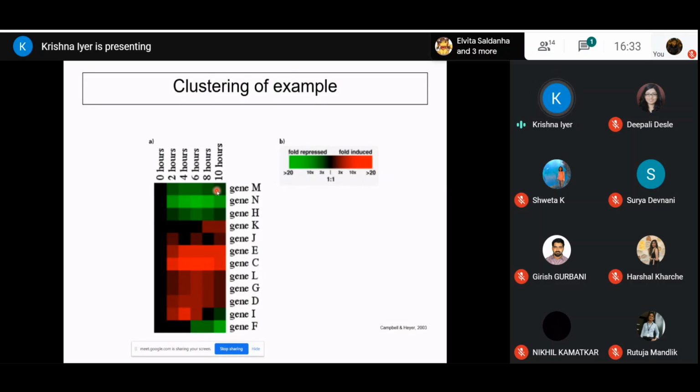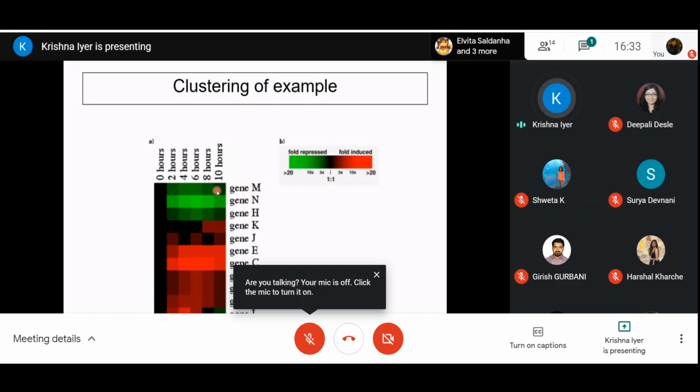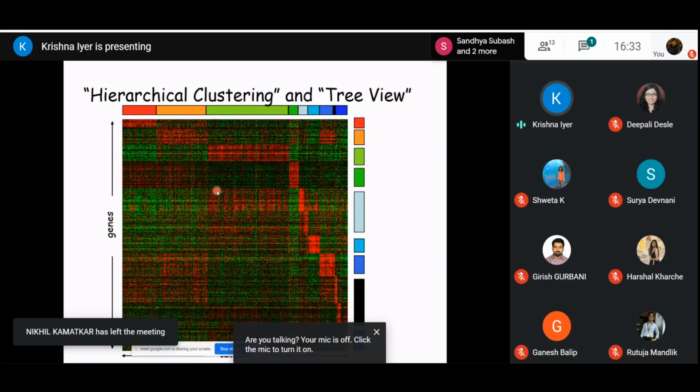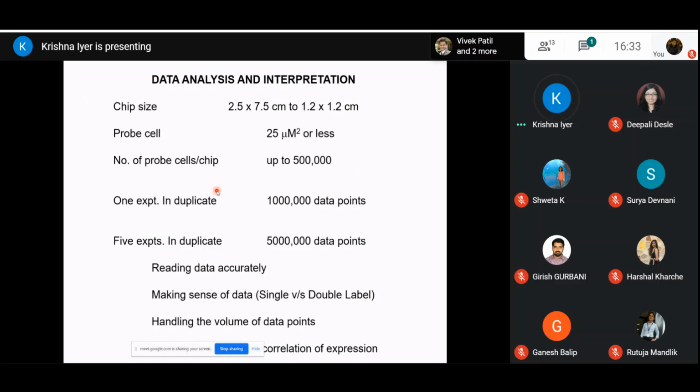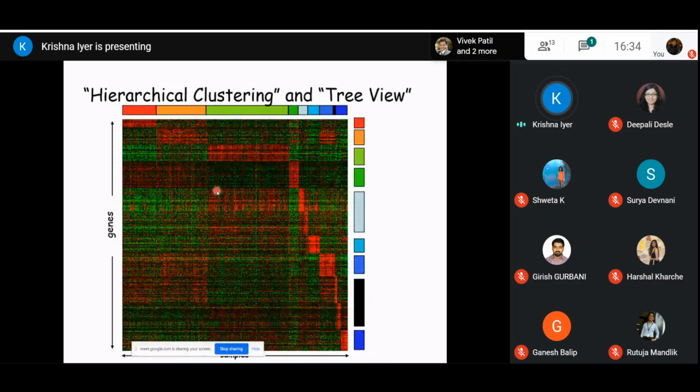Then we use algorithms to do what is called clustering, so that you can get all the similar looking genes whose expression is going up located together, and we can do principal component analysis, or analysis of variance, to see how one expression increases with another, and so on and so forth.